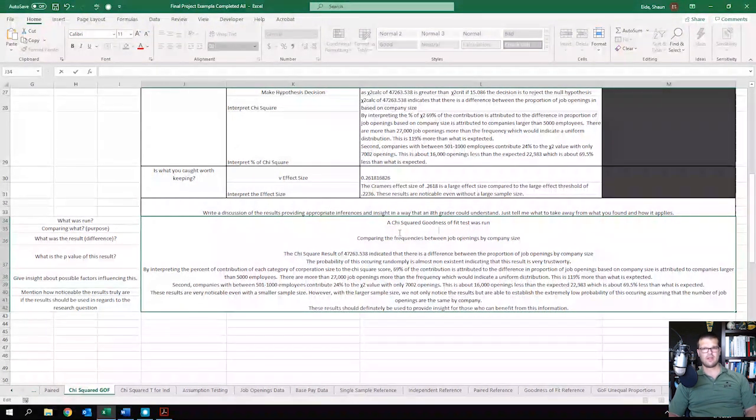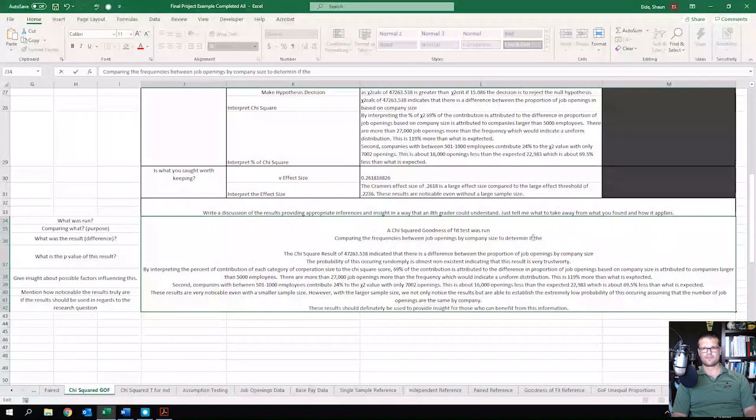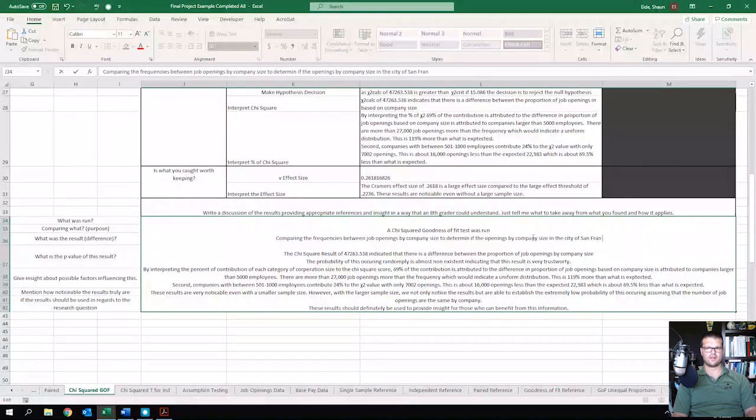It was comparing the frequencies between job openings by company size to determine if the openings by company size in the city of San Francisco are the same.